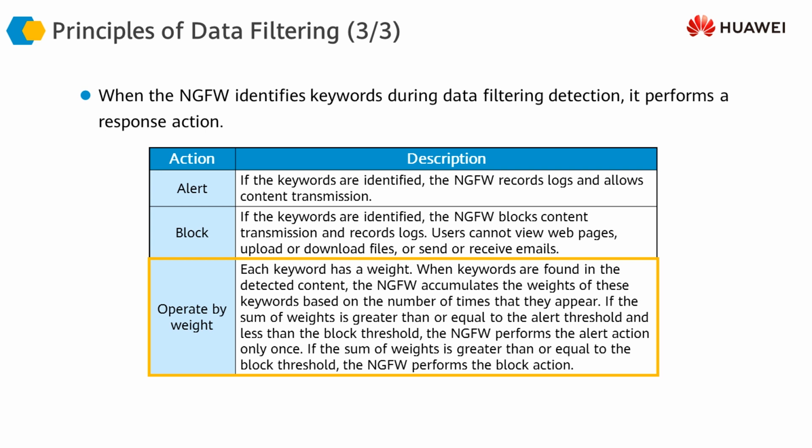Each keyword has a weight, and it keeps adding the weight, and if the weight reaches a certain threshold, which we call the alert threshold, it generates a log, it generates an alert, and if it exceeds the block threshold, then it is going to start blocking that traffic. This means that the keywords might be allowed to exist a certain number of times till either the alert thresholds or the block thresholds are exceeded.